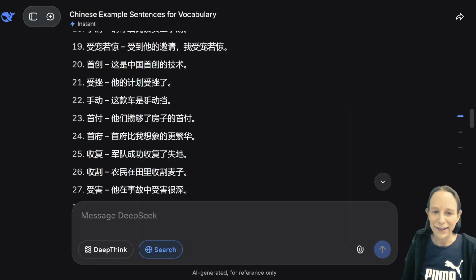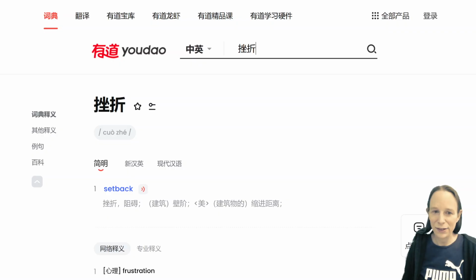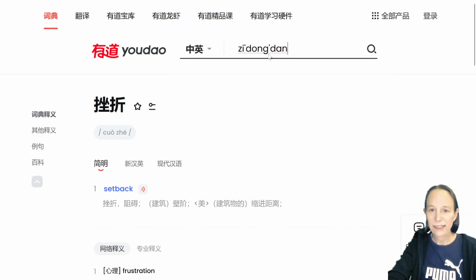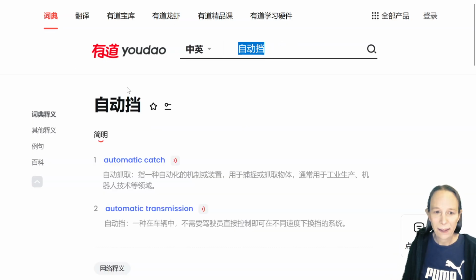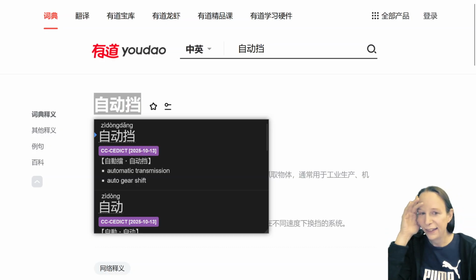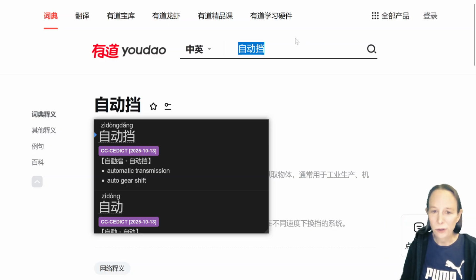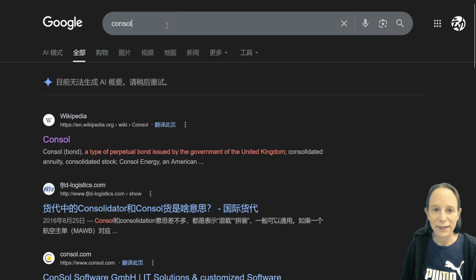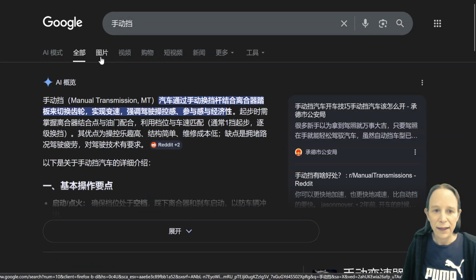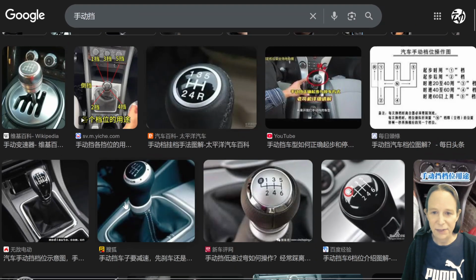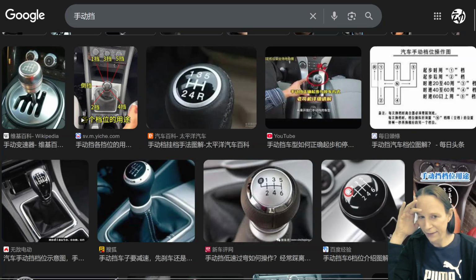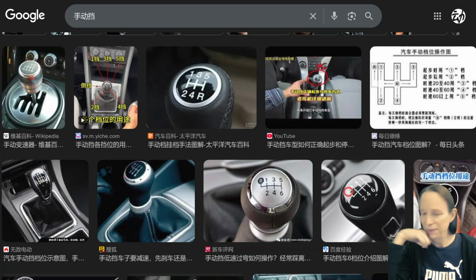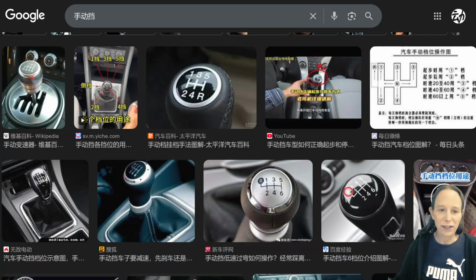手动挡. Okay, so presumably there's 自动挡. All right. 自动挡，手动挡. All right, I'll put it in the Google image search so we can take a look. So yeah, manual transmission. Yeah, I learned to drive on manual transmission. I haven't driven in a long time.